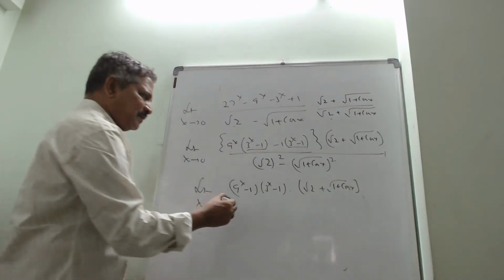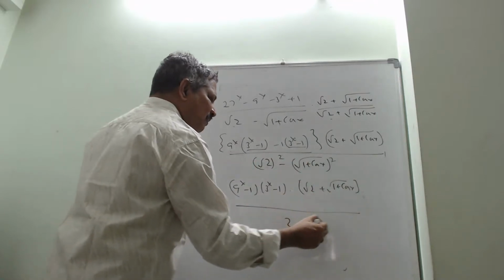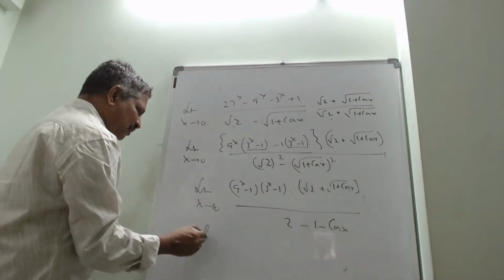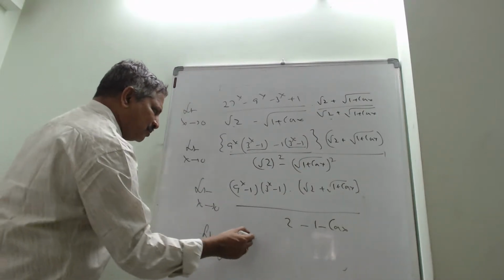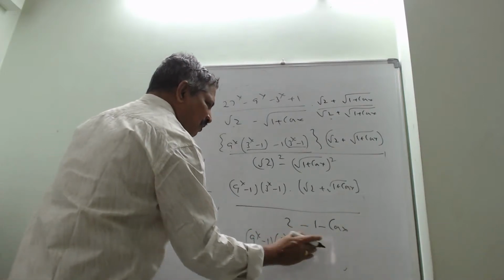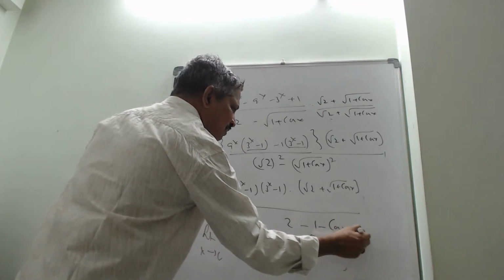Denominator, we'll see what happens: root 2 squared is 2, minus 1, minus cos x, because the root will go.